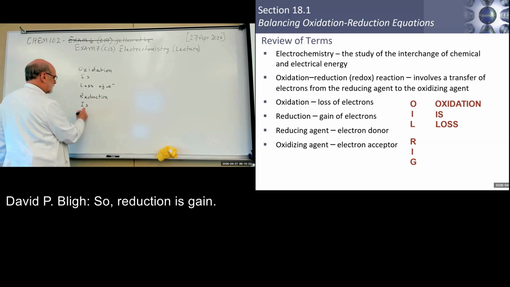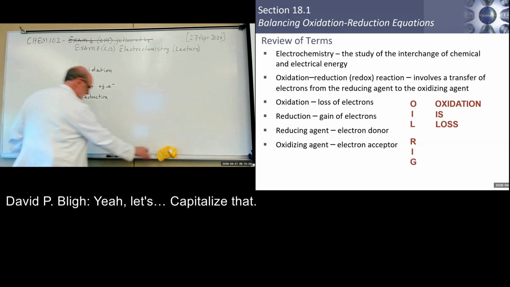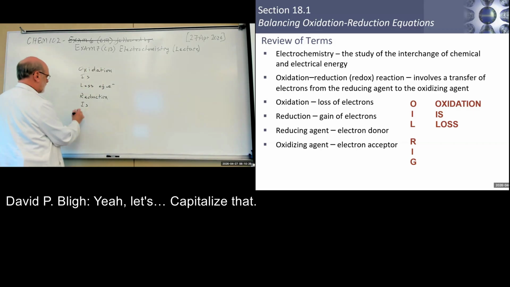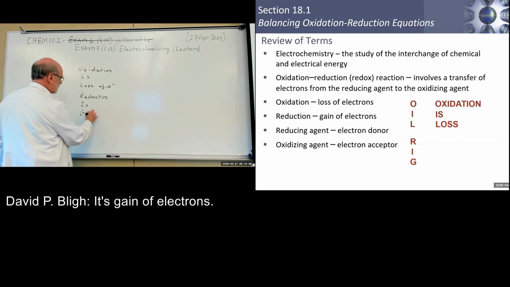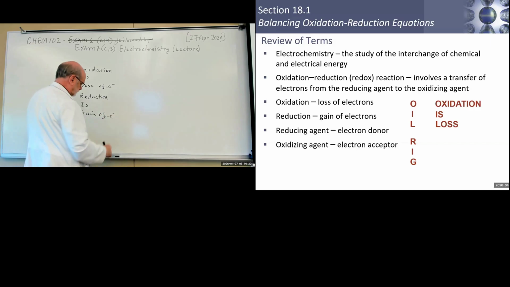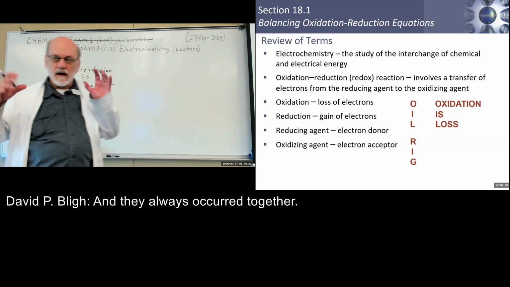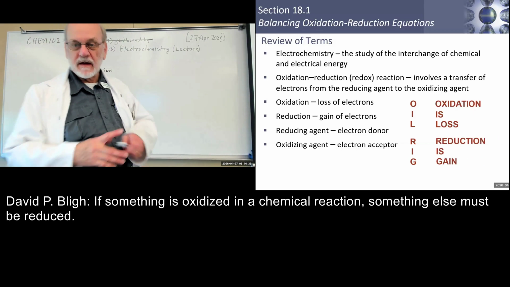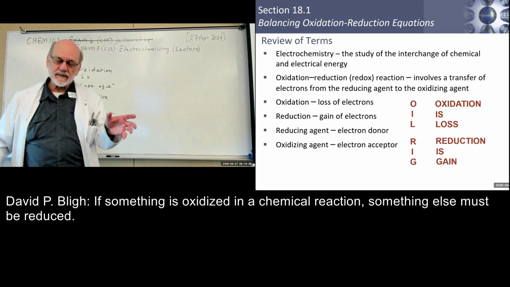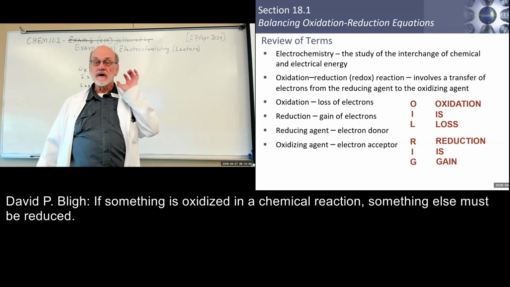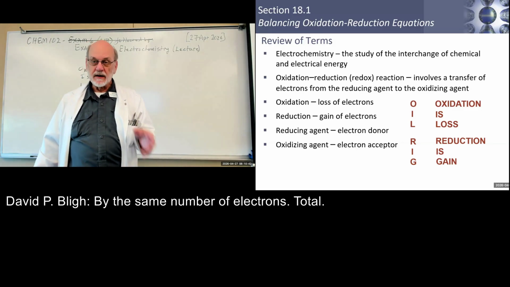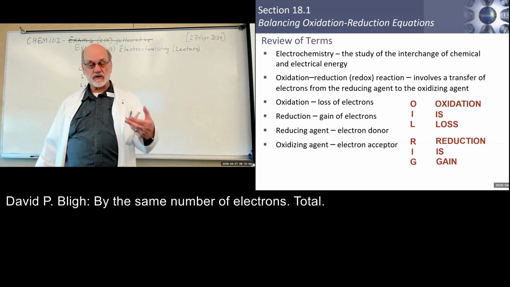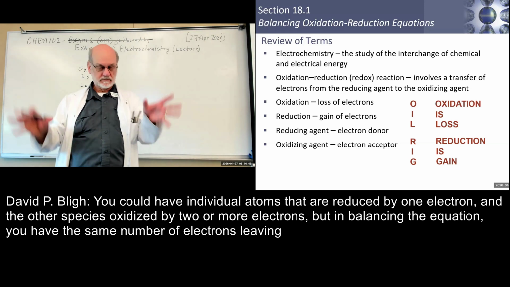So reduction is gain. And let's capitalize that. It's gain of electrons. And they always occur together. If something is oxidized in a chemical reaction, something else must be reduced by the same number of electrons total.